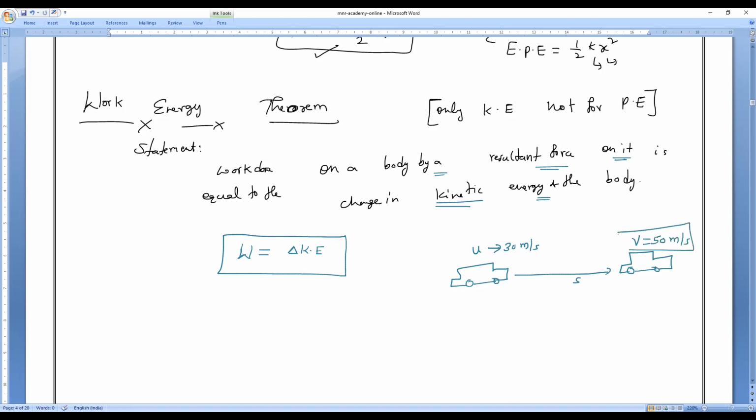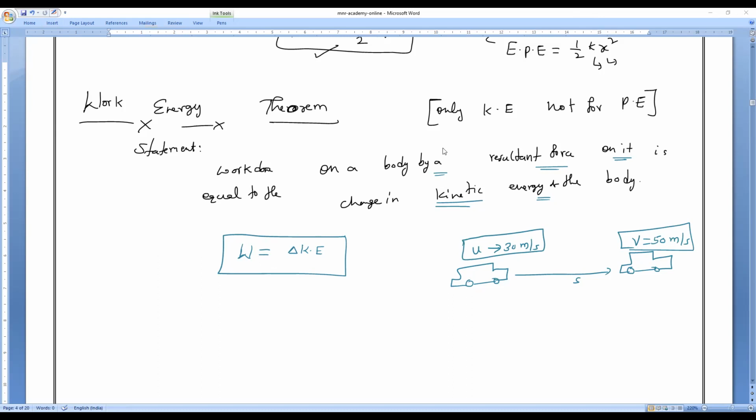So this is the final velocity, and this is what velocity, everybody? Initial velocity. Now, if you want to increase your car velocity from 30 to 50, do you need to apply a force or not? That is my first question. Everybody, do we need to apply the force or not? Yes, sir.